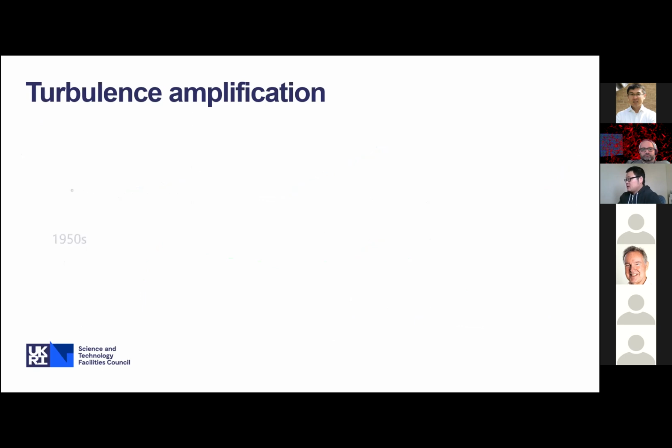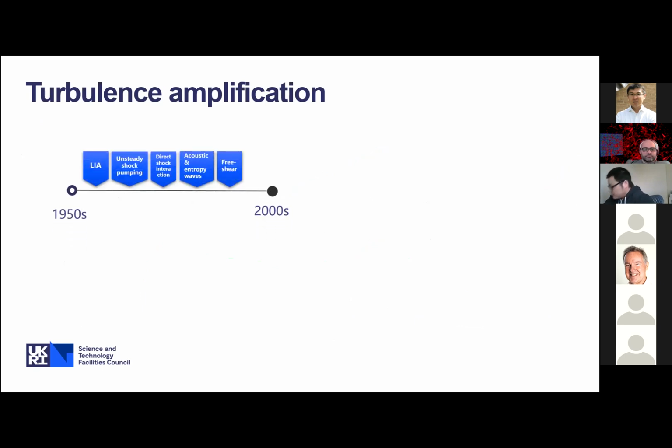So then we try to give a little bit of introduction to the idea of the study. The amplification of turbulence is quite an important topic in shock wave boundary interaction, because the first thing you notice is that turbulence becomes much stronger in the interaction region.